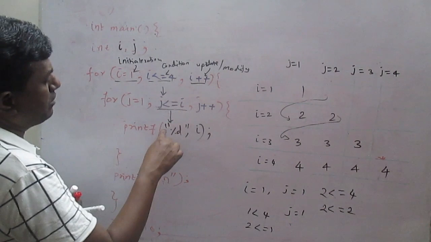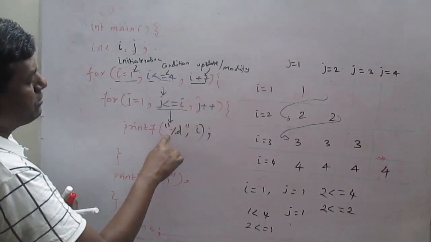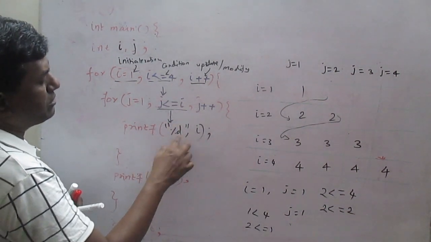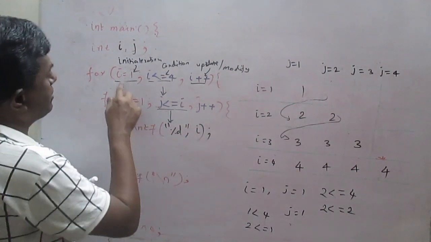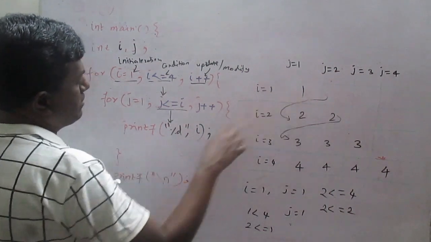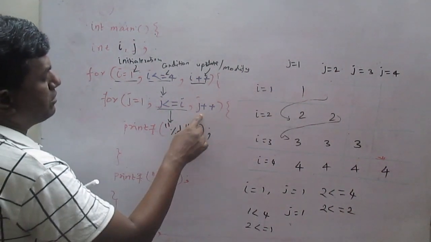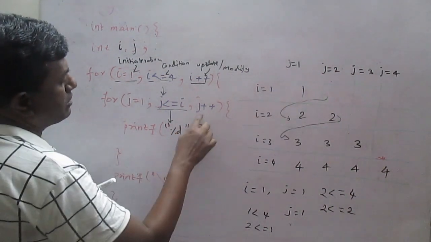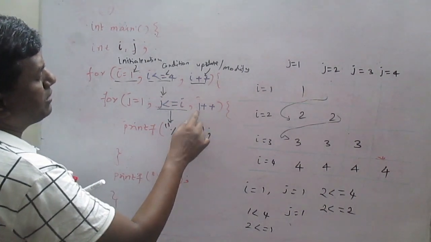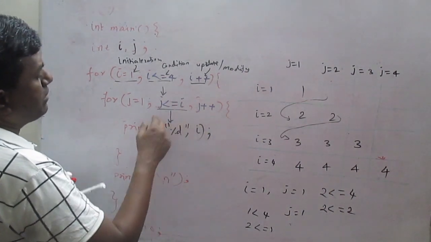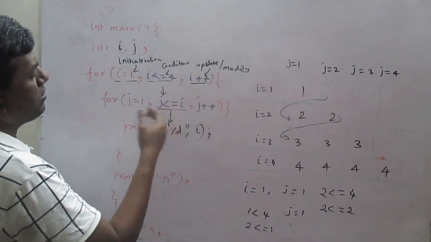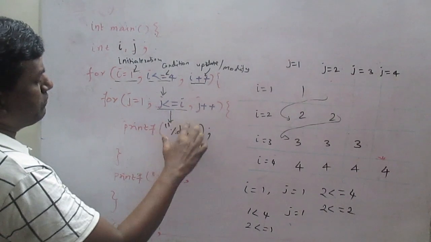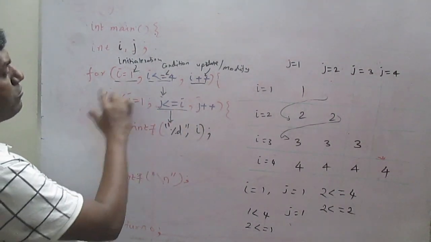Then we enter here, and percentage d means the number i will be printed. i is nothing but 1, so 1 will be printed. Then we go back and do the increment, so j becomes 2. Again we check the condition 2 less than or equal to 1, so condition false.